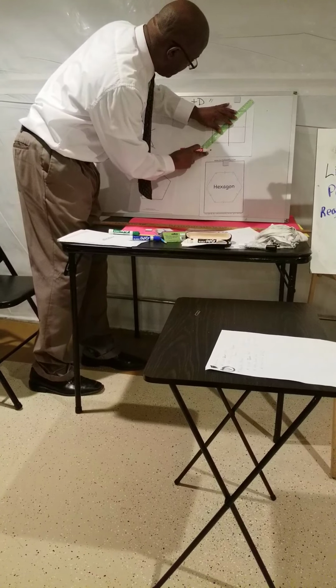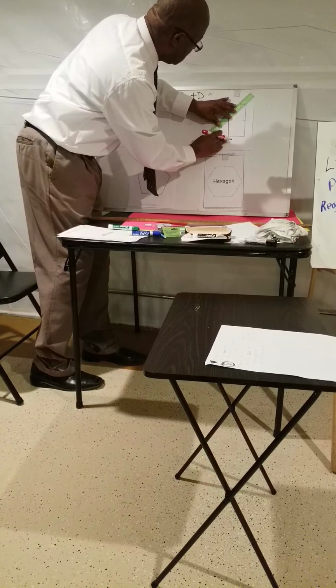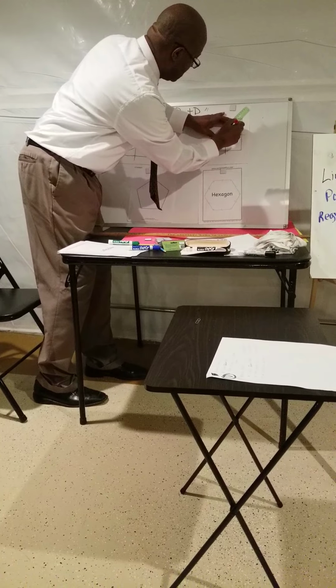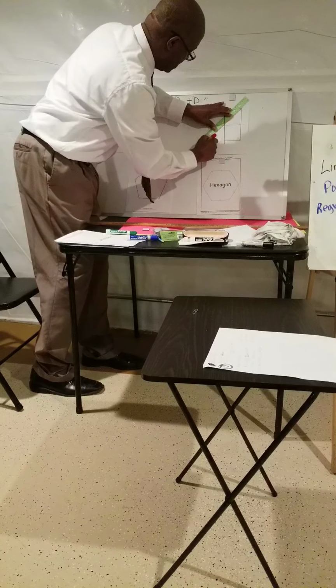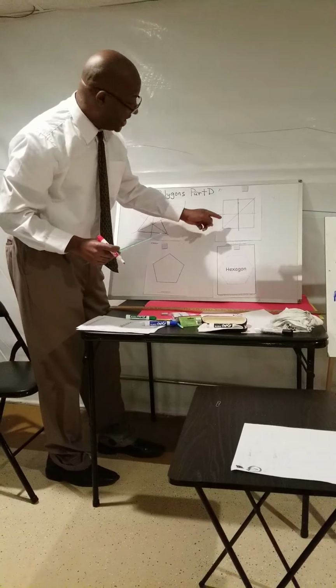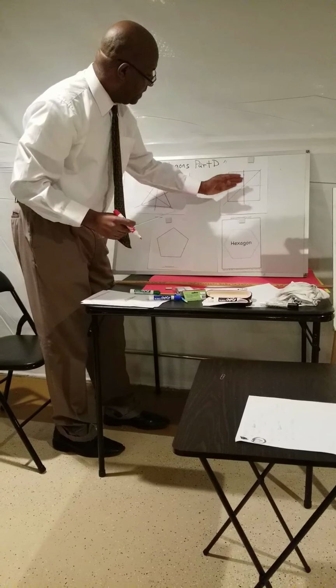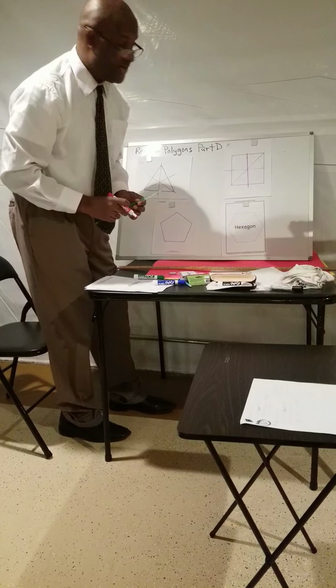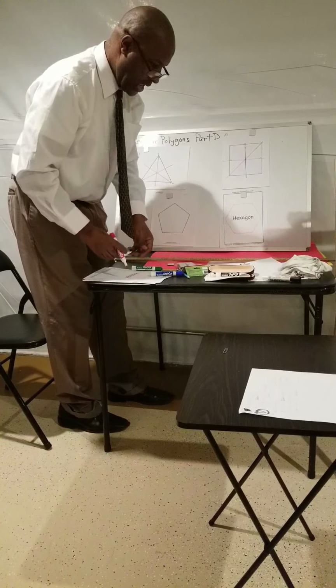Let's try it this way here. Wow, look at that. That red line is a line of symmetry. Top and bottom are line symmetric. And we're still not finished.